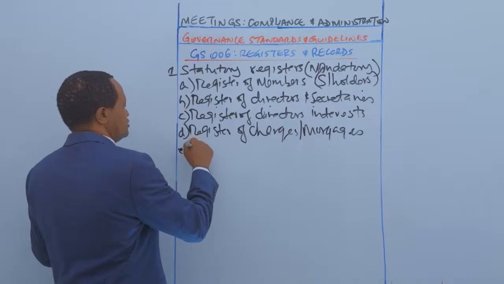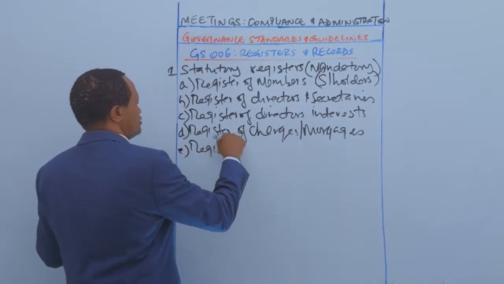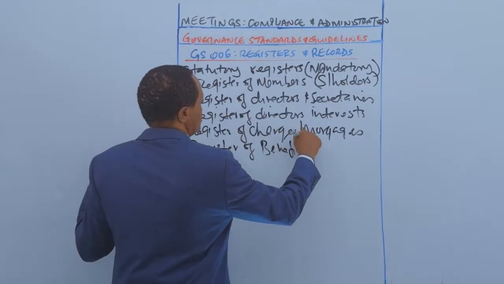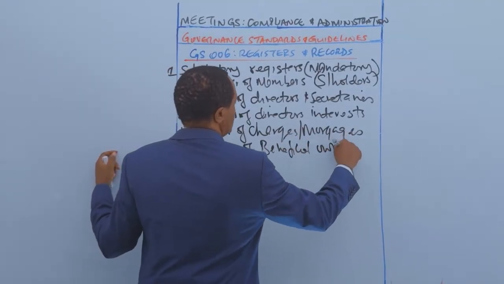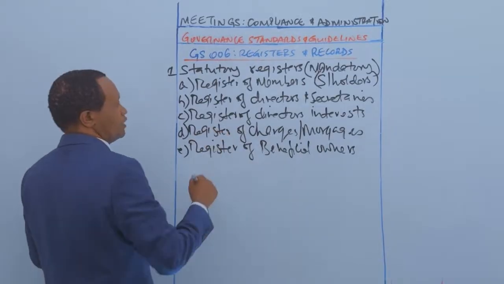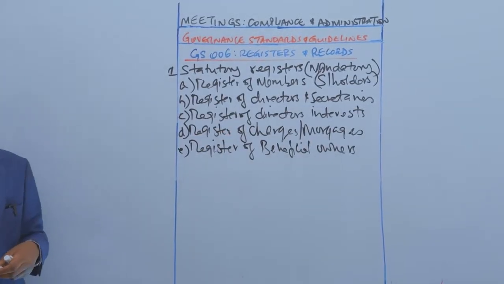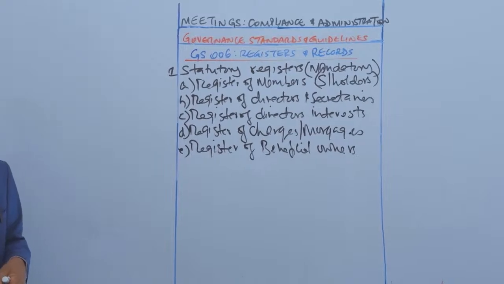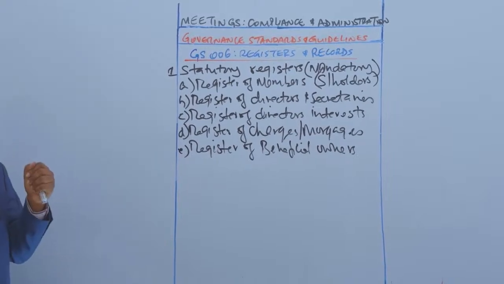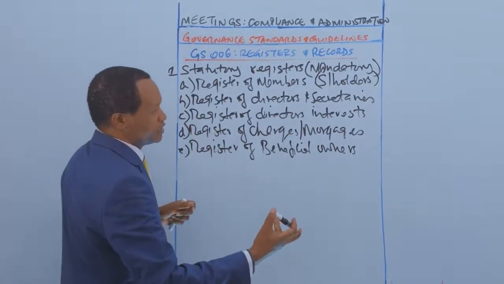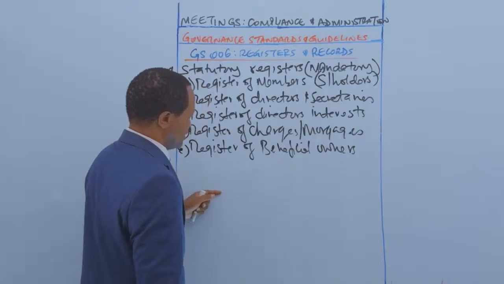Register of beneficial owners. The register of beneficial owners is the fifth register, which identifies the persons with significant control who may own shares through holding companies or through trusts.